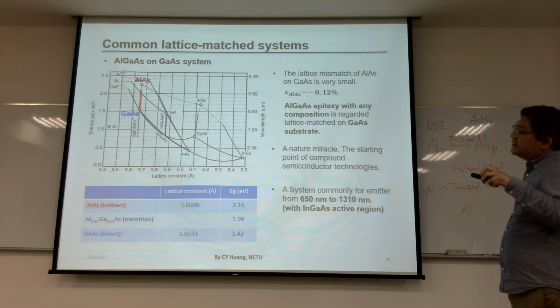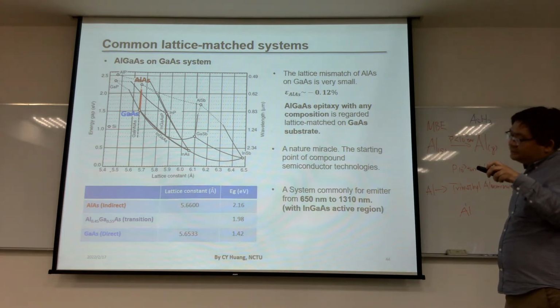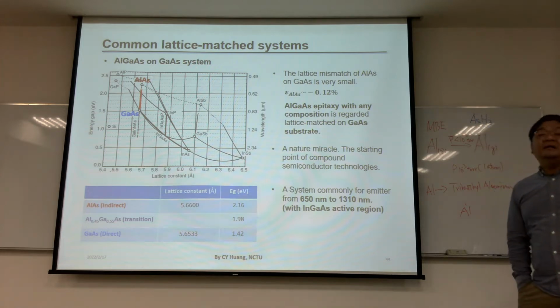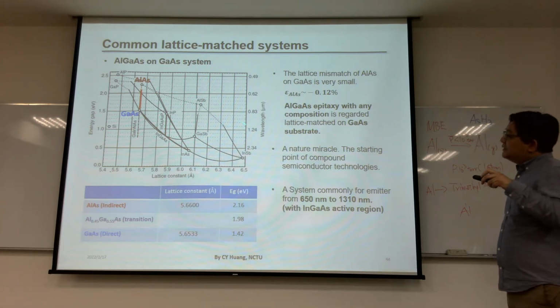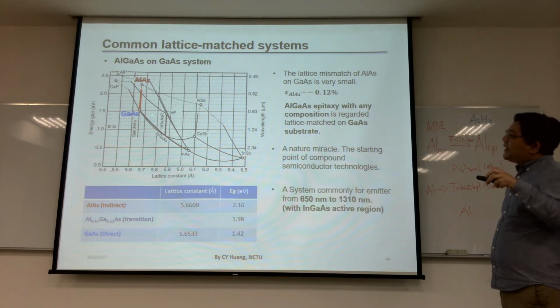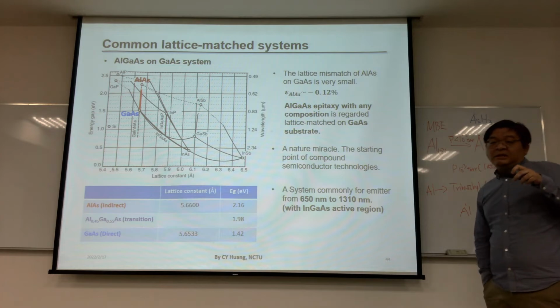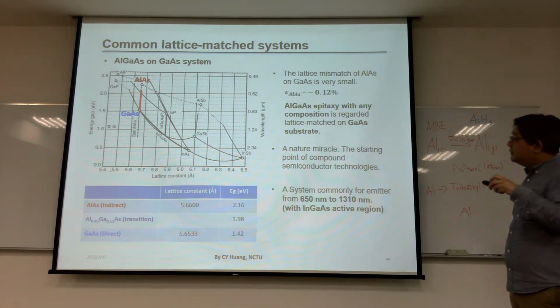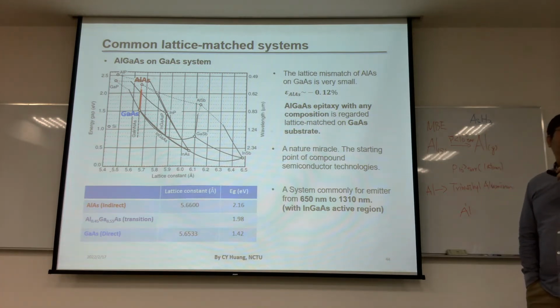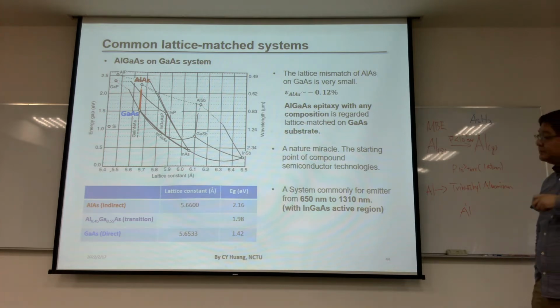Although there's a transition of band gap between direct band gap and indirect band gap. If you want to make a device with wavelengths ranging from around 1 micron to 700 nanometer, it's easily achievable with InGaAs epitaxy on a gallium arsenide substrate.